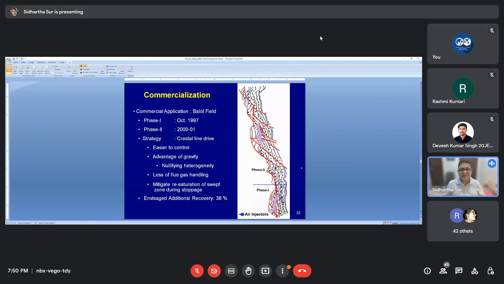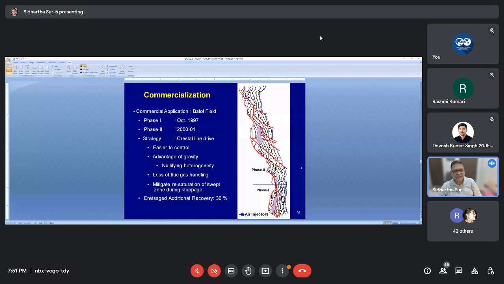Now, this is another form. There can be pattern system, there can be line drive system, but the pilot demonstrated that gravity is a very strong force, which is dominant in this pilot testing. So we placed all the injectors at the top of the reservoirs, such that gravity now controls the process in its future course of movement.